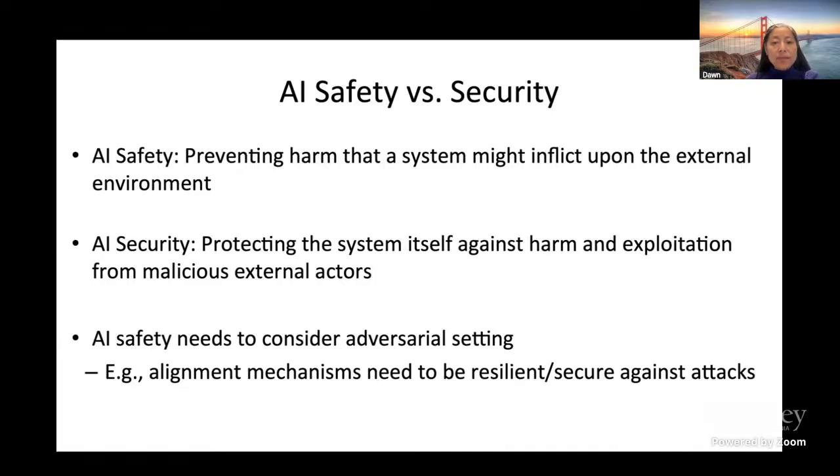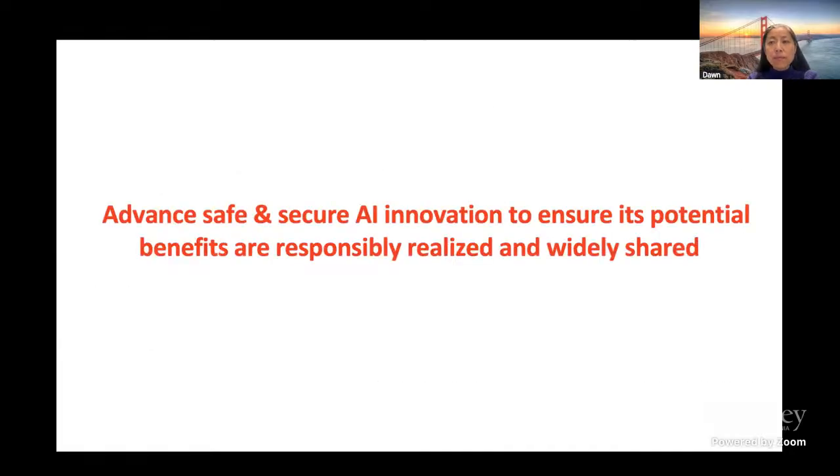And AI safety needs to consider the adversarial setting. So for example, the alignment mechanisms need to be resilient and secure against attacks. And the overall goal is to advance safe and secure AI innovation to ensure its potential benefits are responsibly realized and widely shared.